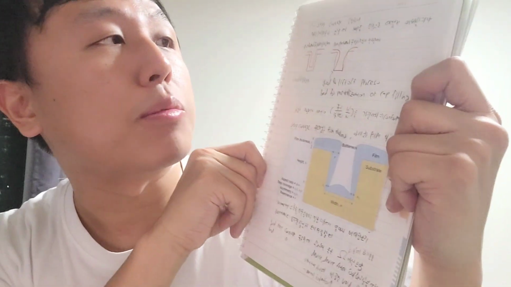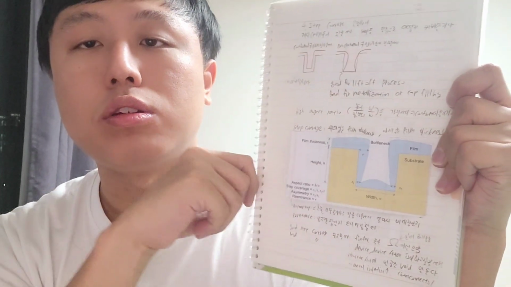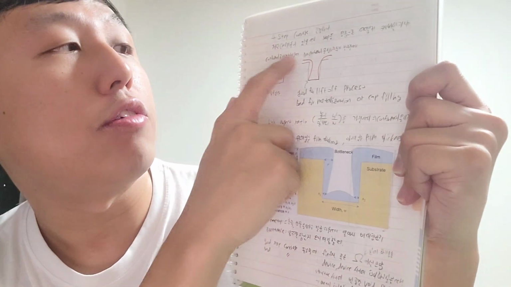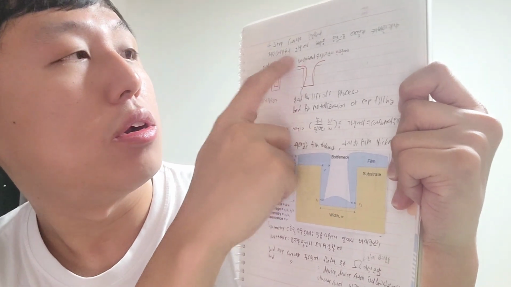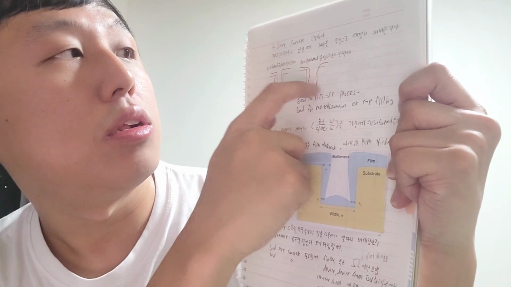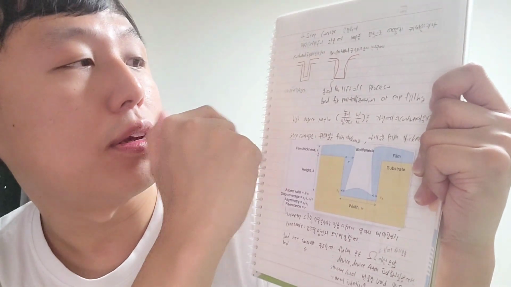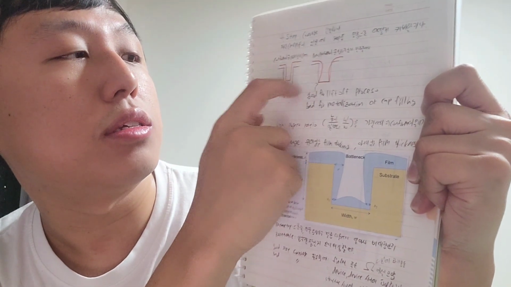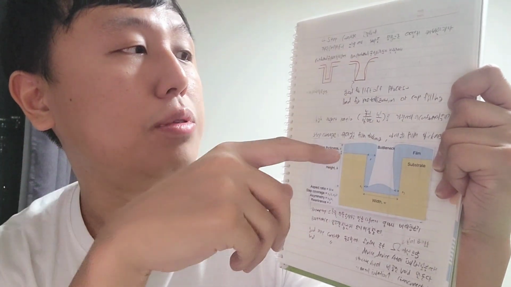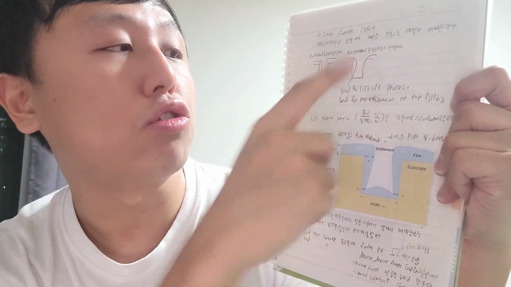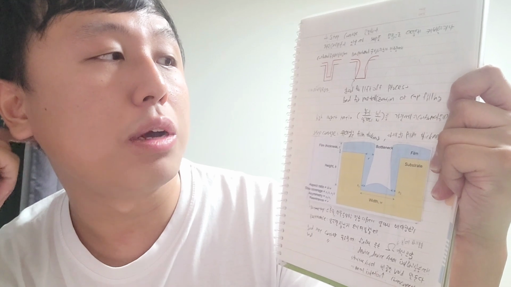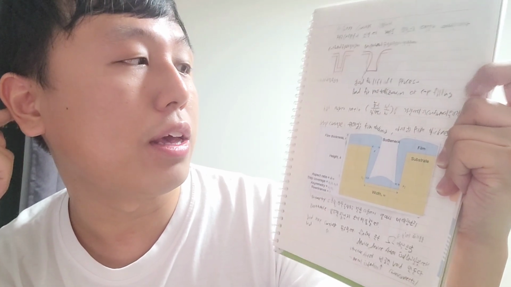Next, we'll talk about step coverage. This is very important. This is conformal, and this is non-conformal steps. In the case of non-conformal, it can make lift-off easy, so it is good for the lift-off process, but bad for metallization or gap filling.